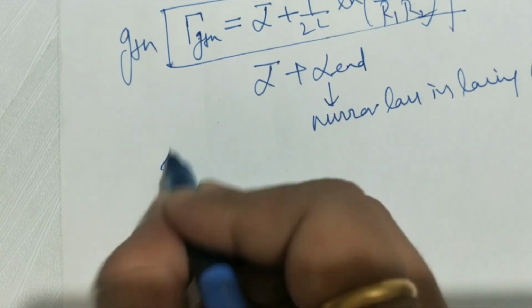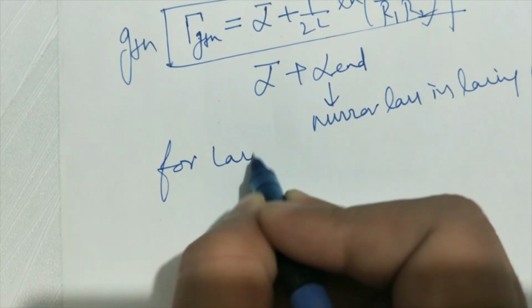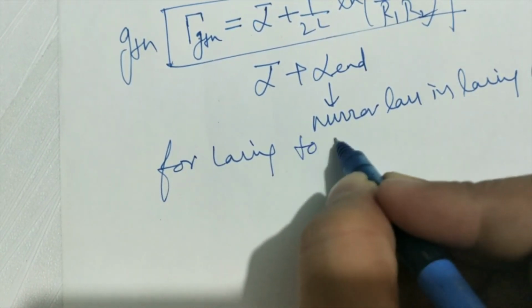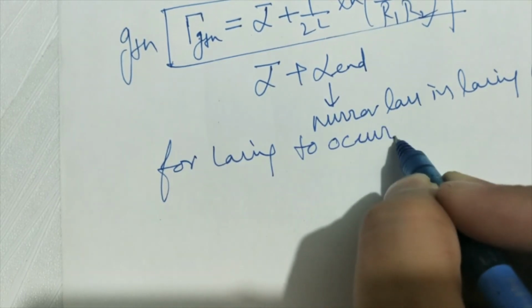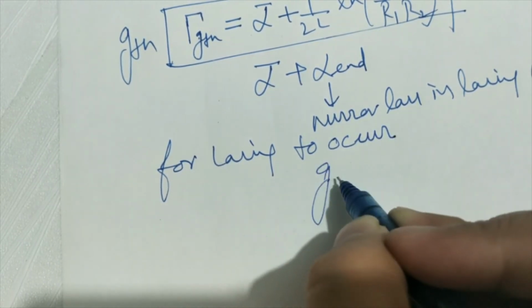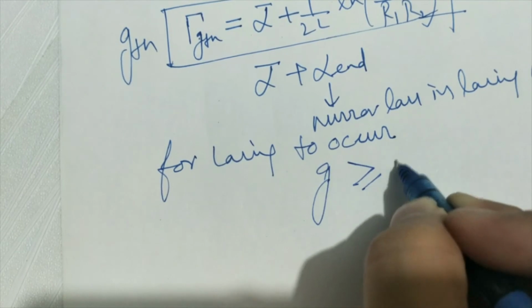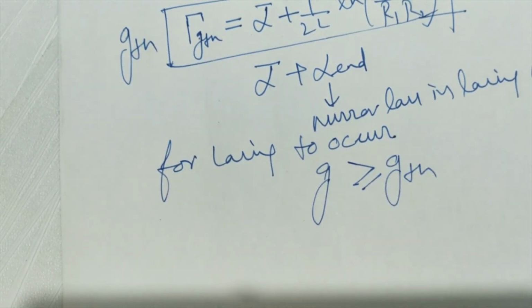So for lasing to occur, g should be greater than or equal to the threshold value. The mode which satisfies the equation will reach the threshold first.